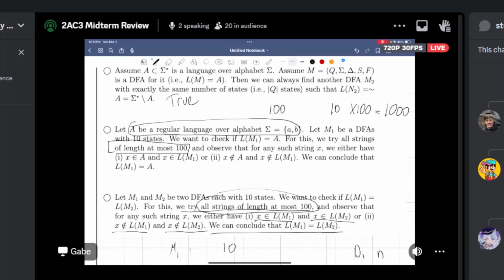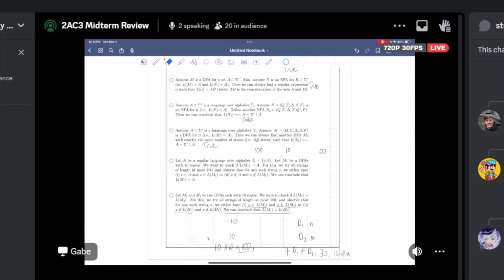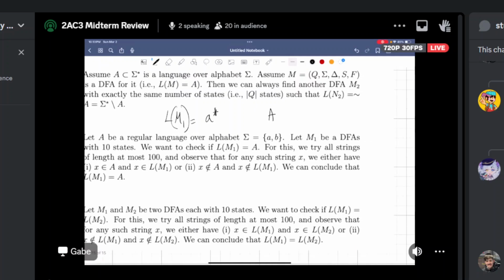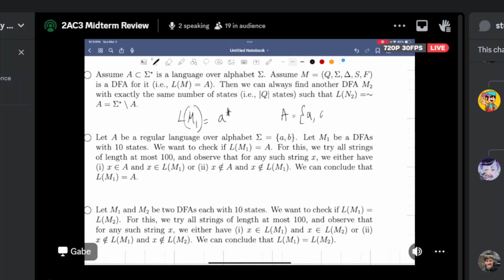Okay, so what Jacob was saying, I'm just going to write it down, is that if M1 was A star, and technically you should be writing L of M1 to be really specific, and A is A all the way up to A to the power of 100.